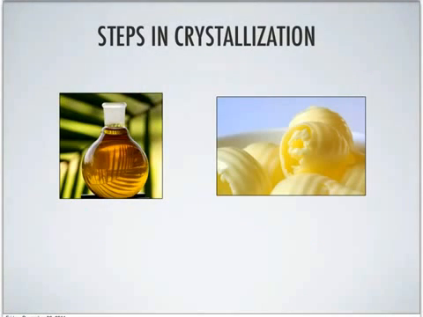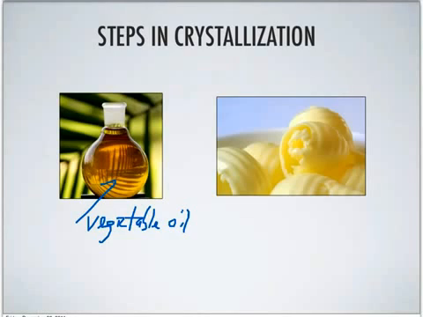And here is another example of crystallization from a melt. In this case, we can start from a liquid vegetable oil. It can be any kind of vegetable oil such as palm oil, corn oil, canola oil.